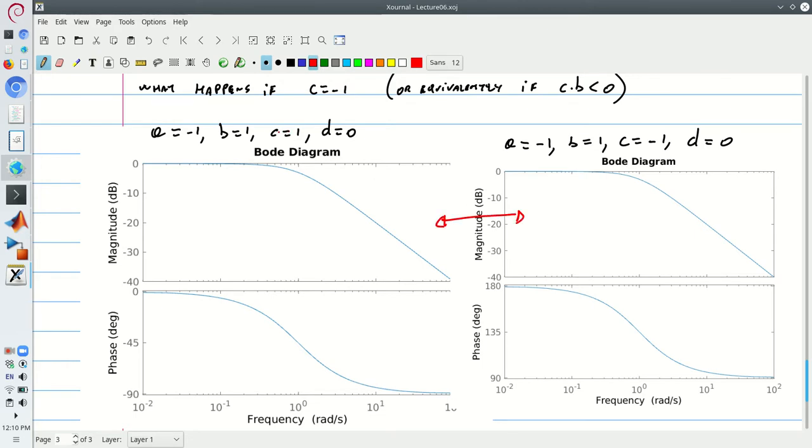So in this case, the amplitude is the same because the absolute value of C is the same in both.